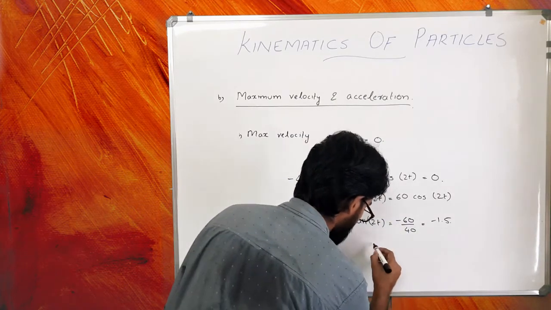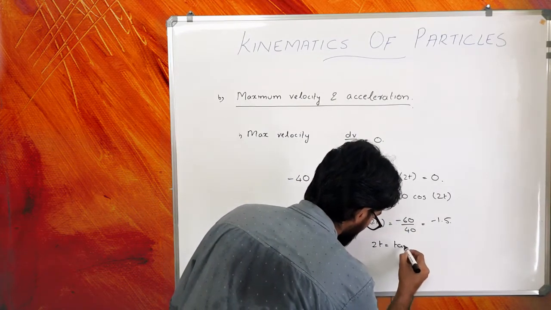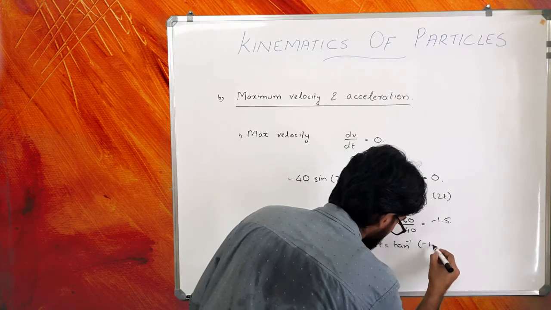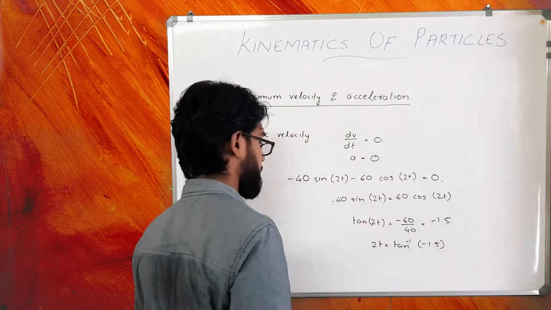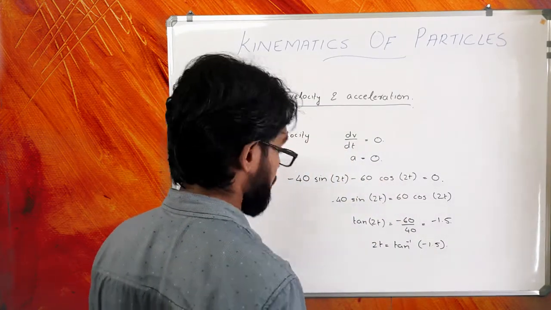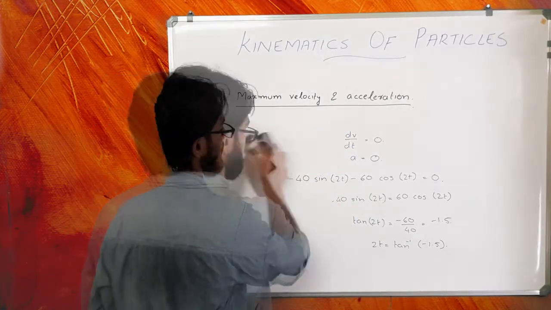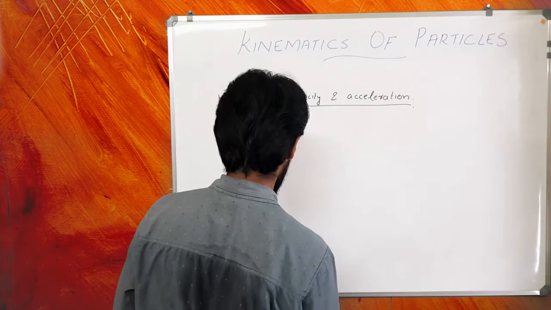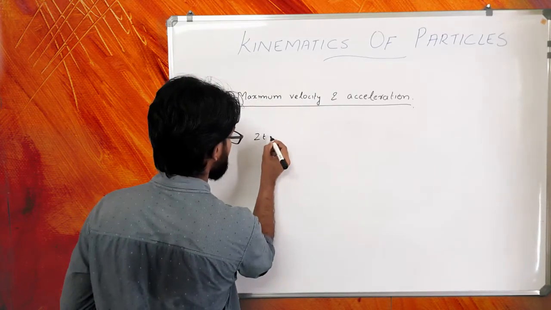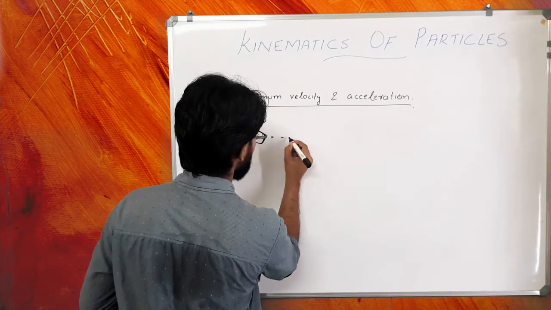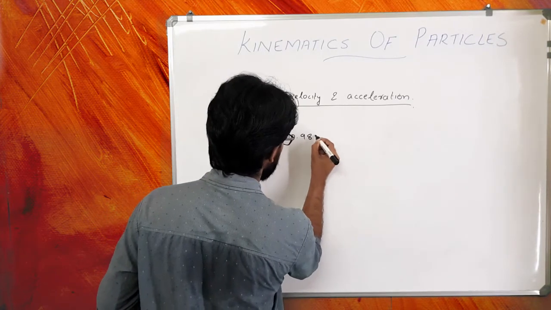So 2t will be tan inverse of minus 1.5. Now if we solve it in a calculator, we get 2t equals minus 0.9828.